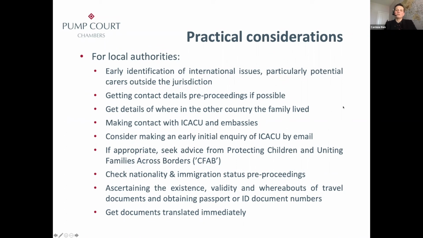In addition to the new rules that are likely to come in, or what is coming out of the public law working group, that the child's birth certificate should always form part of the documents available at the start of proceedings, I'm inclined to advise that it's a good idea to make sure right at the start you know where the children's passports are, if they have them, or other ID or travel documents, where they are, how long they are valid for, and whether any steps need to be taken to renew them or obtain them, particularly in cases where there is an international element and there may be a proposal that the children travel outside the jurisdiction.